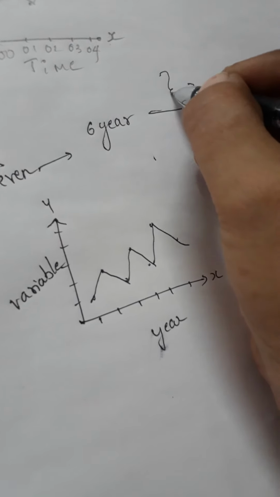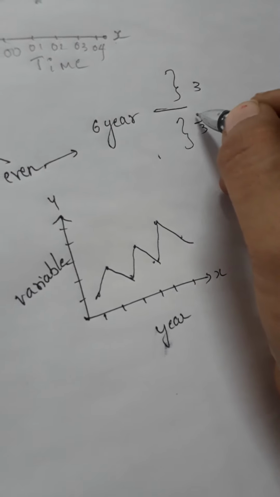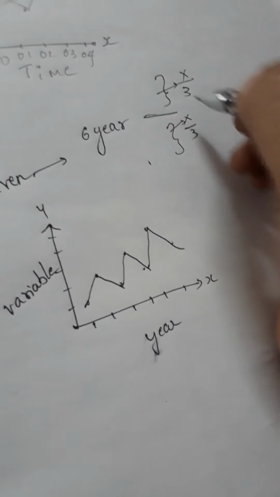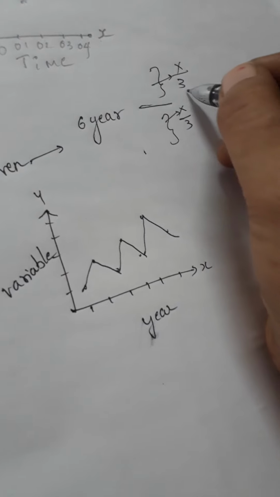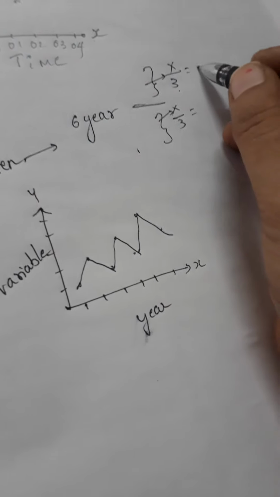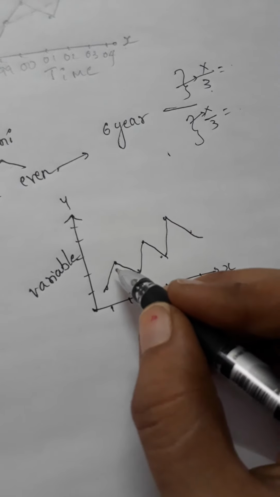Add the 3 values and divide by 3. Plot the answer here, and the other answer here. The total value divided by 3 gives the answer, and this answer is to be plotted in the graph.